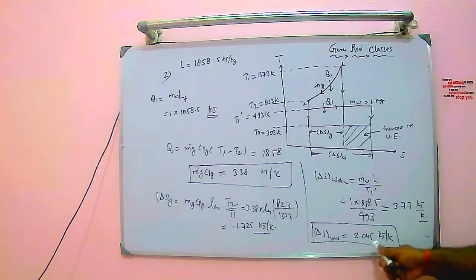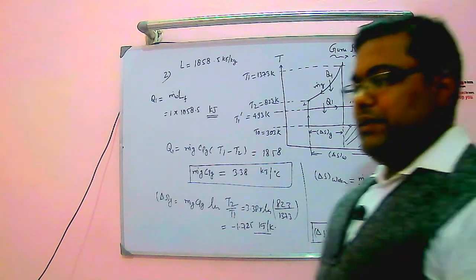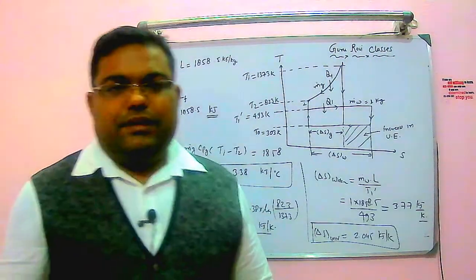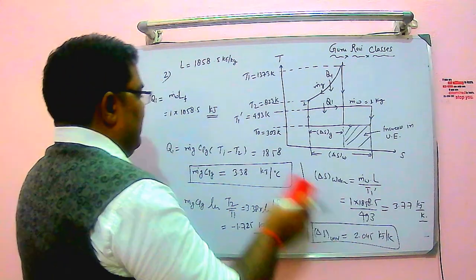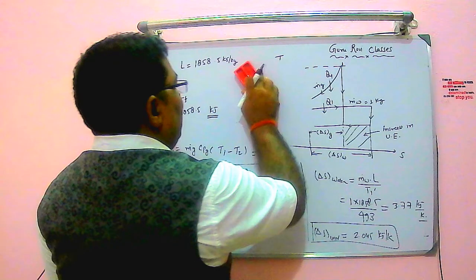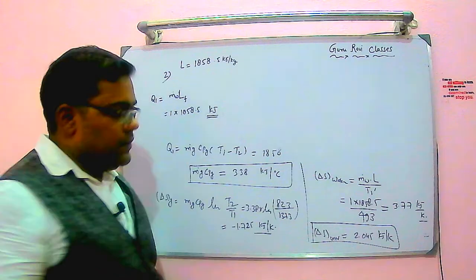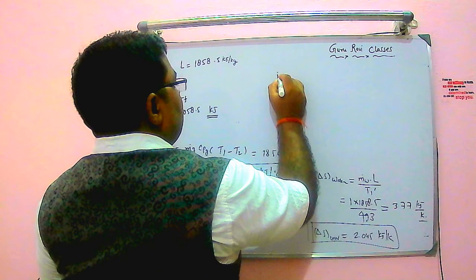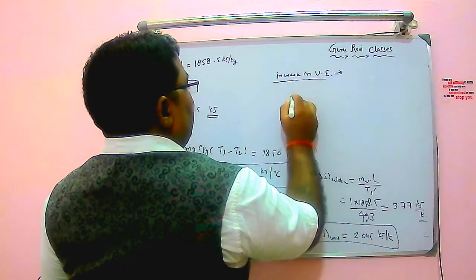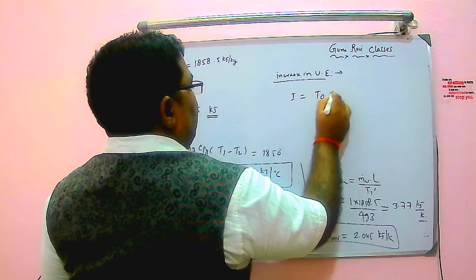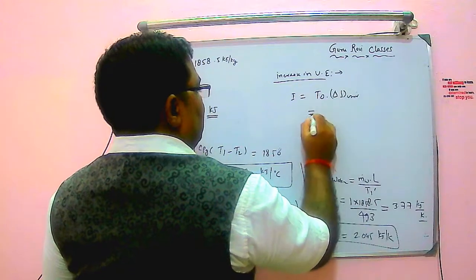Once after getting this, it is asking what is the increase in unavailable energy. If you want to calculate that, it will be given by a very simple formula: the increase in unavailable energy is T naught into delta S, the total delta S of the universe.